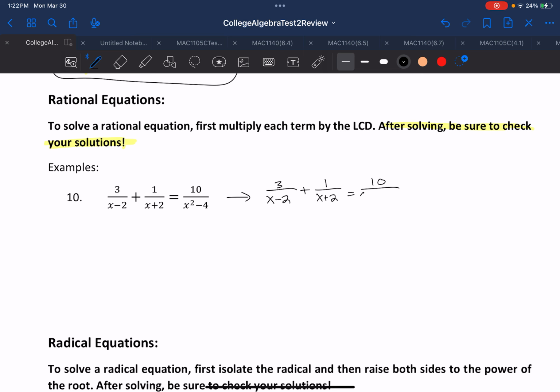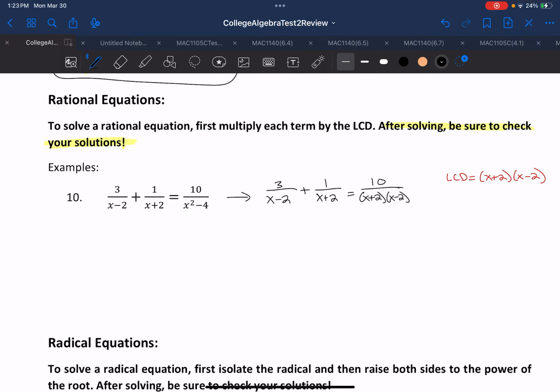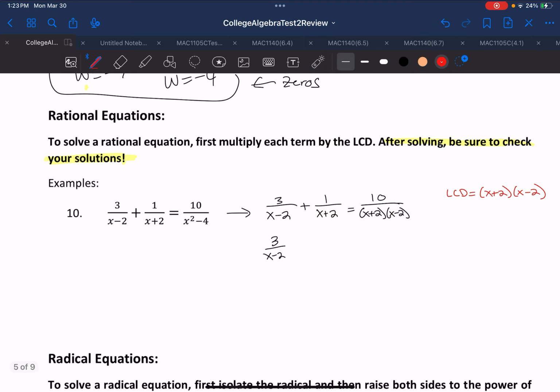And so that factors to x plus 2 times x minus 2. So the LCD here is x plus 2 times x minus 2, because they all have those in common. So now I'm going to multiply every single term by the LCD.